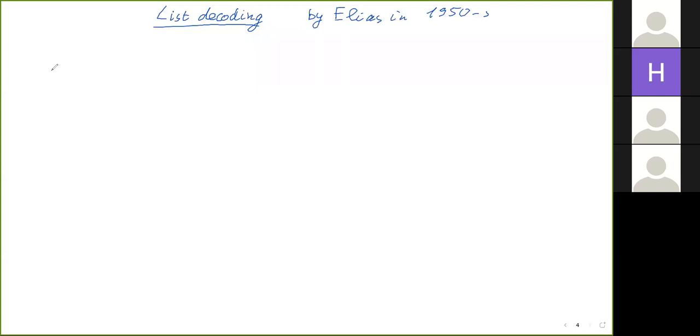In list decoding, we are allowed to output a small list of possible messages which contains the original message. So, in other words, here we have a message. We somehow encode it, obtaining a code word. Then that code word is transmitted to the channel, and some bits, some symbols, are changed.